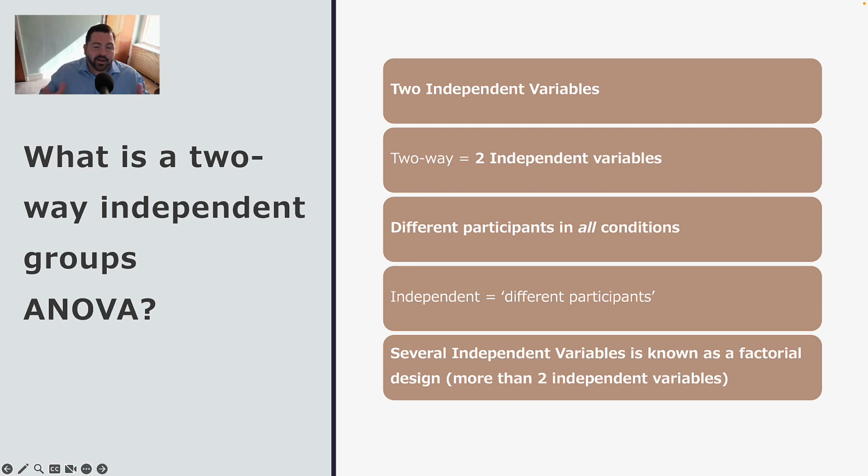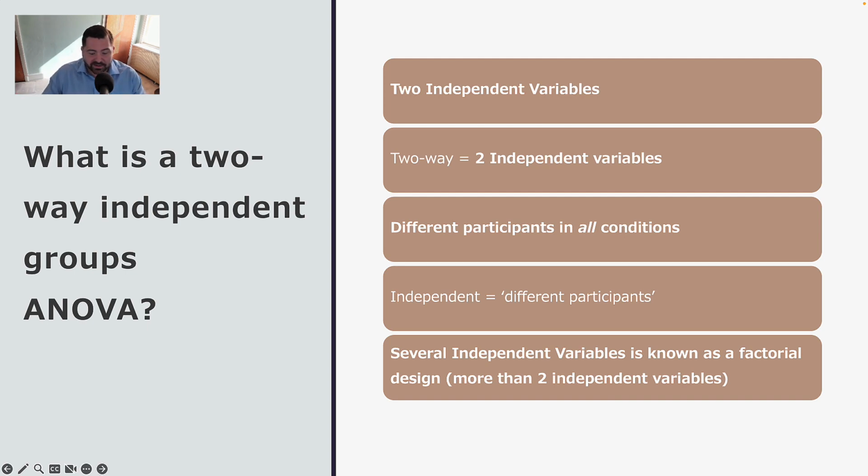Okay. The other thing that we need to think about is: is this a two-way independent groups factorial ANOVA? Is it a two-way repeated measures factorial ANOVA? Or is it a mixed factorial ANOVA where one of the independent variables is independent groups and the other independent variable is repeated measures?